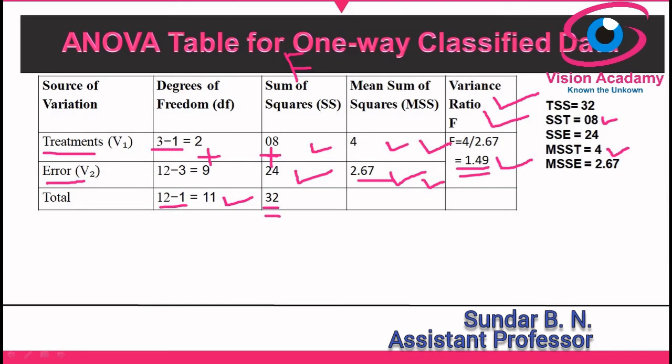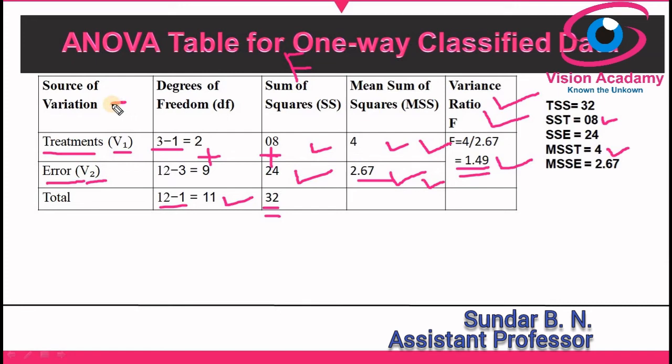Before that we need some information to plot into the F distribution. Let us see here, this is V1, this is V2. V1 is the numerator and V2 is the denominator. So treatment is the numerator, that is V1, and error is the denominator, that is V2. And we need one more piece of information here, that is the significance level.